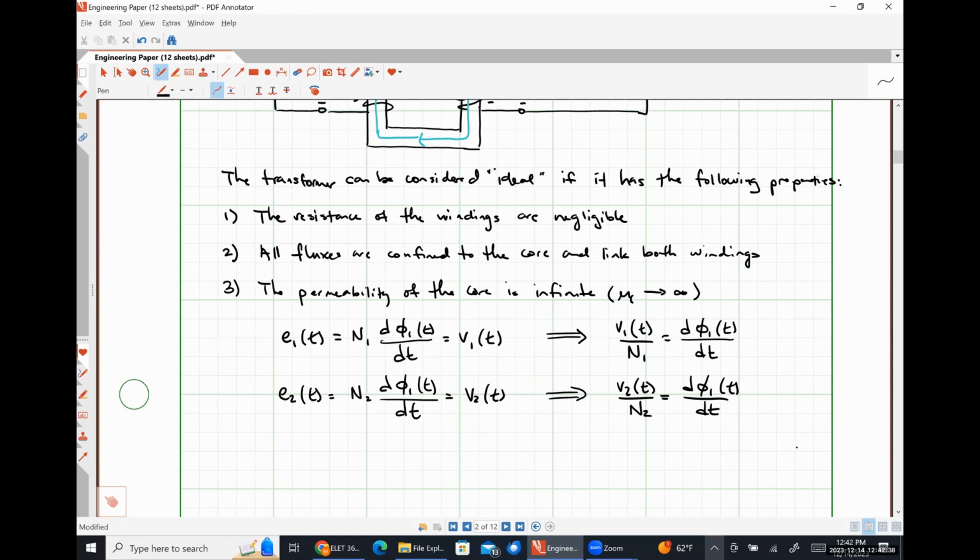And now we have two different quantities that are equal to the derivative of our flux with respect to time, so we can set those two things equal to each other, right?